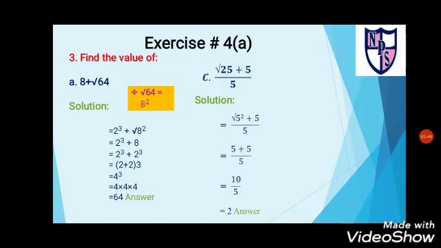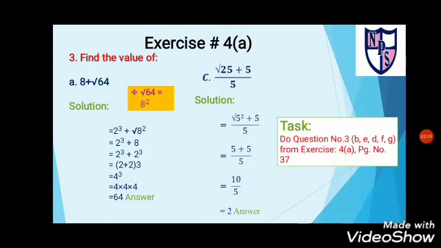The square always cancels the square root, so here the square on 5 will cancel the square root. It will become 5 plus 5 upon 5. 5 plus 5 is 10, so 10 upon 5 is the next answer. When we divide 10 by 5, we get the answer 2.